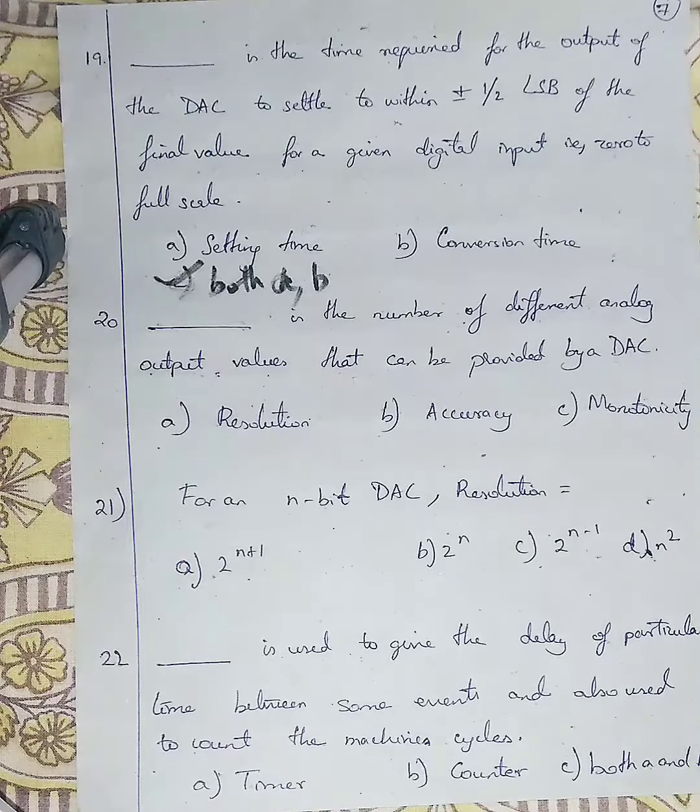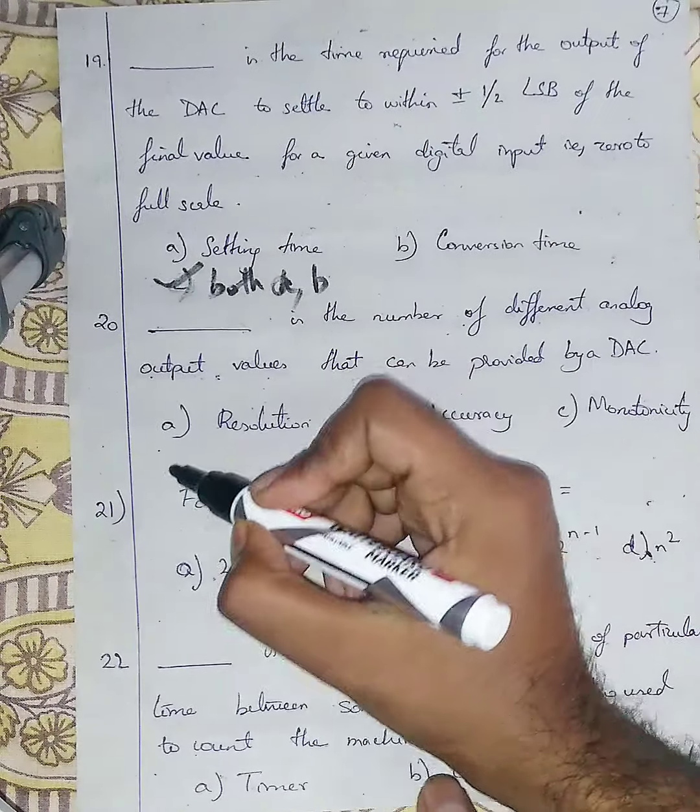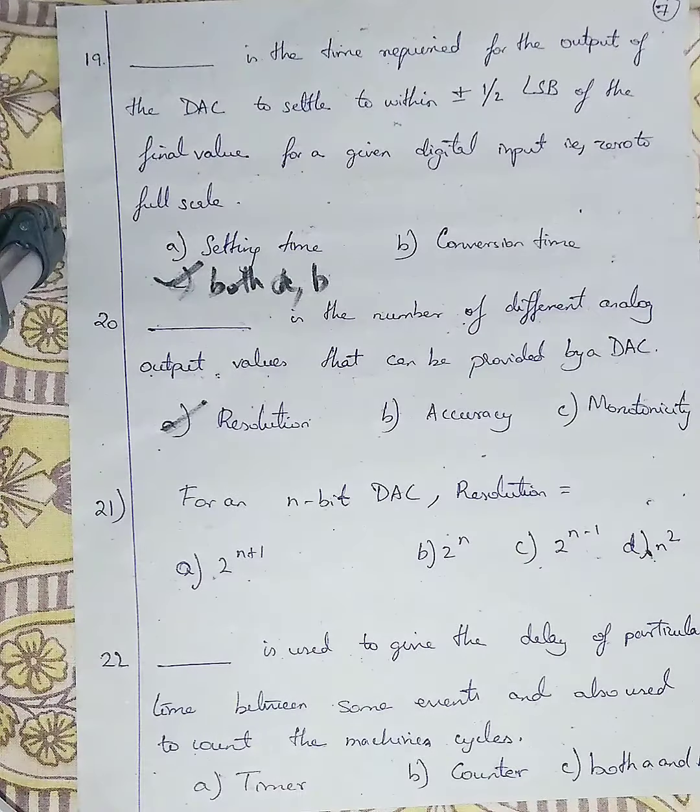You are giving some value on digital and it is converting to analog. How much different analog output can that converter give? Resolution, accuracy, and monotonicity. It is definitely not monotonicity. It is not accuracy. We'll go with resolution, because the resolution is the number of different analog output values that can be provided by a digital to analog converter.